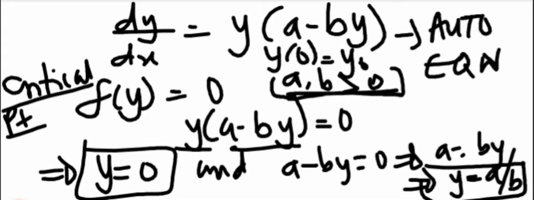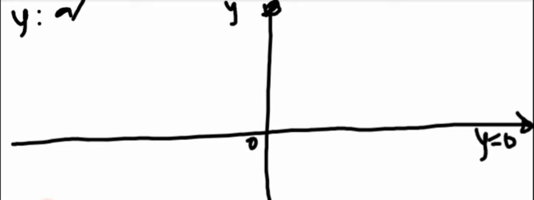Okay, let's move. What next do we do? Draw a rough sketch. You must take note of your critical points first. So consider that part as y. Let's assume that this is y is equal to 0, this is the origin. Now we know that another critical point is y is equal to a over b, and a and b are bigger than 0, so that means this is bigger than 0, so it will be above 0.